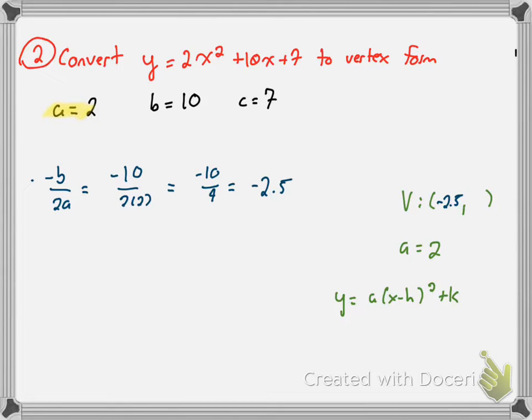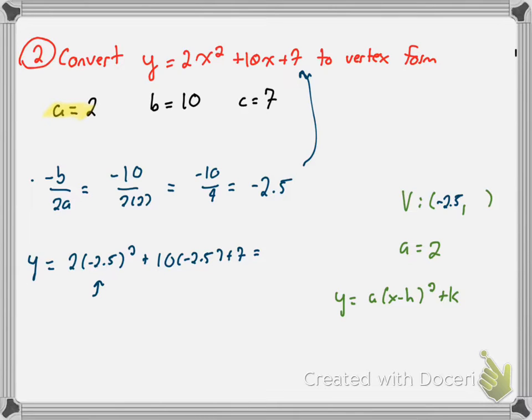To find my y value, I'm going to plug it into the equation. y = 2(-2.5)² + 10(-2.5) + 7. I would put this whole thing into your calculator. Again, especially for terms like this, if you're taking a negative to a power, make sure that it's in parentheses.